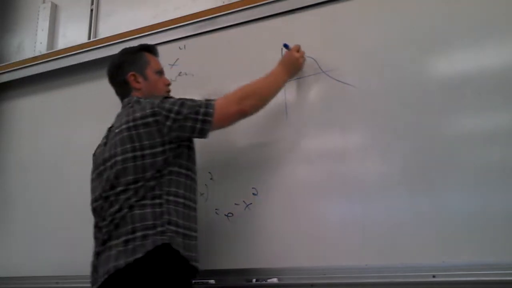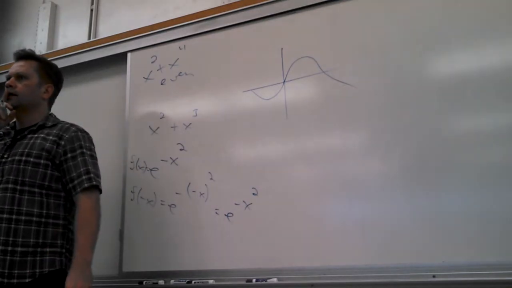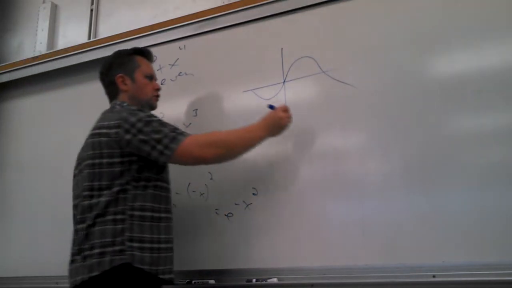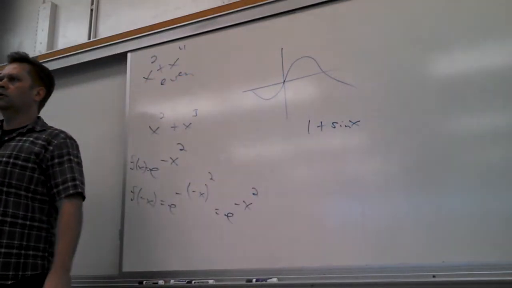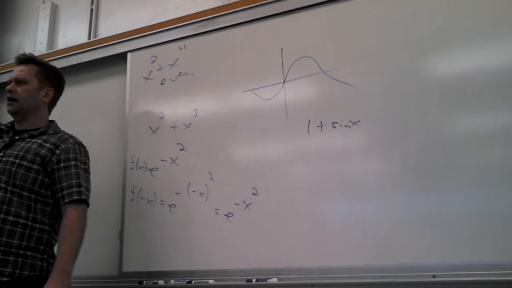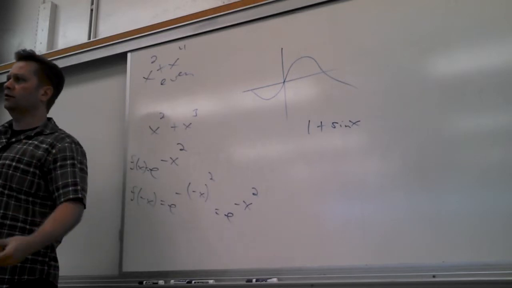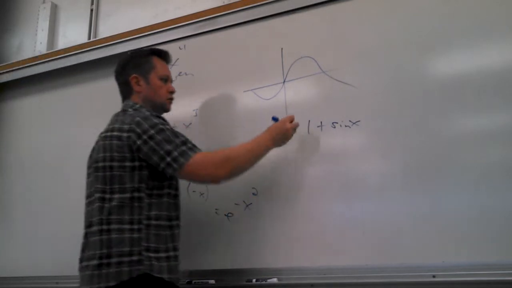Odd. This goes through the origin to there. So that's odd symmetry. If I do this to it, what would that do to the function? Lift it up 1. Is it going to still be odd? And it's definitely not going to be even, right? You guys? Yes? Okay.